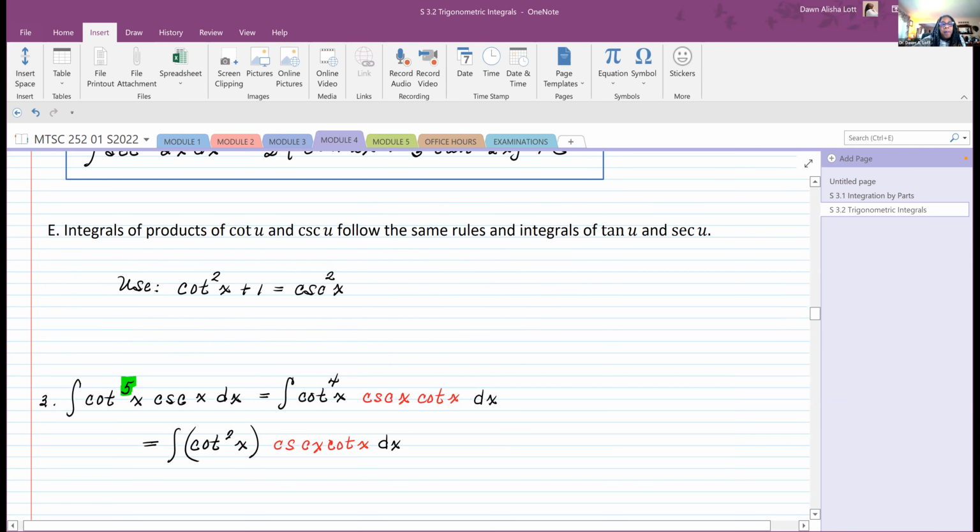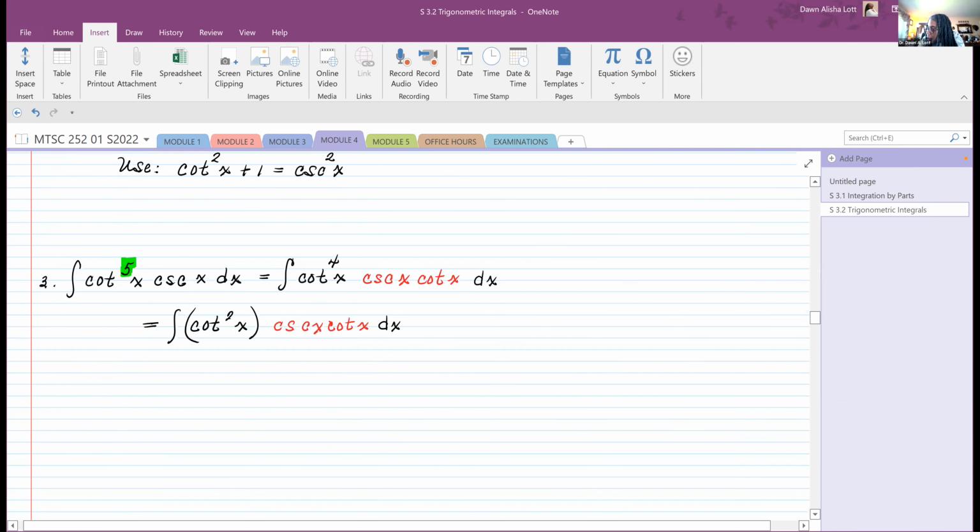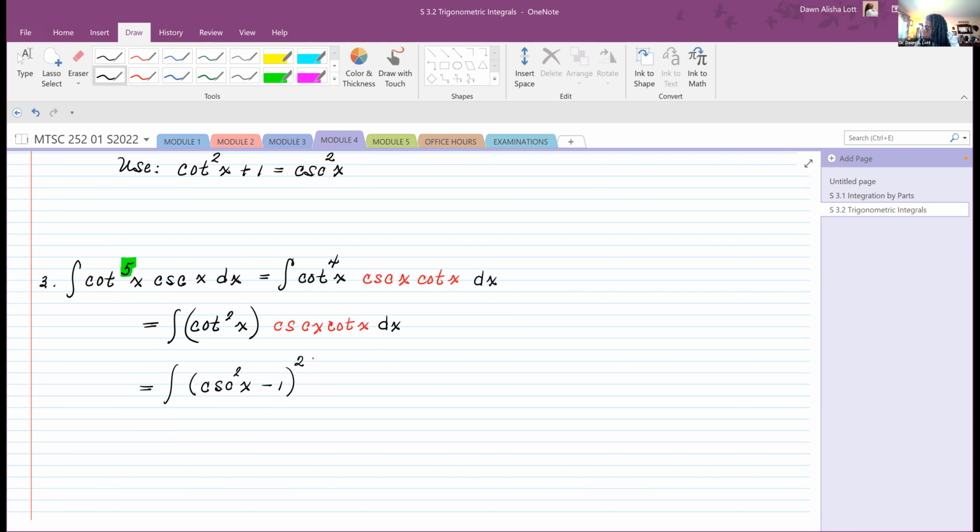So this now becomes the integral of cosecant squared minus 1, still squared, times the cosecant of x, cotangent of x dx.